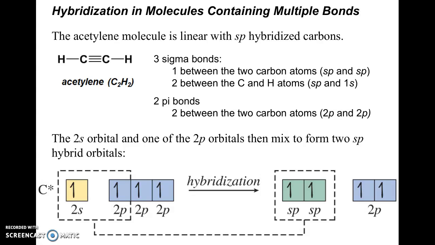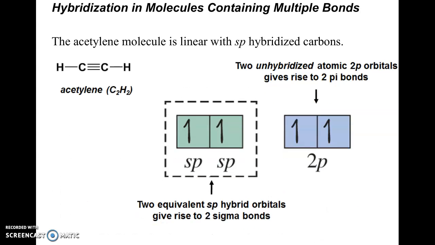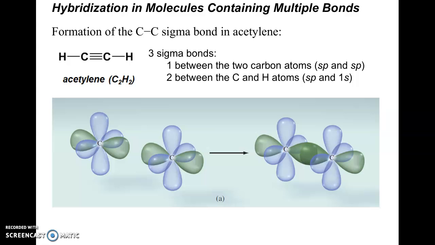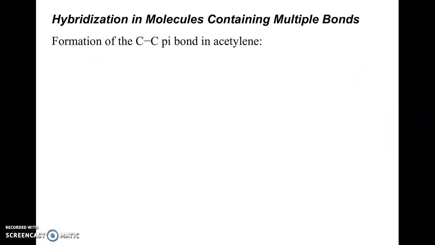And then we have 2 unhybridized p orbitals that each have 1 electron in them, and these are what are going to form our triple bond, because each carbon, remember, has these. And so we get a sigma bond formed with the sp orbital that's between the carbons.